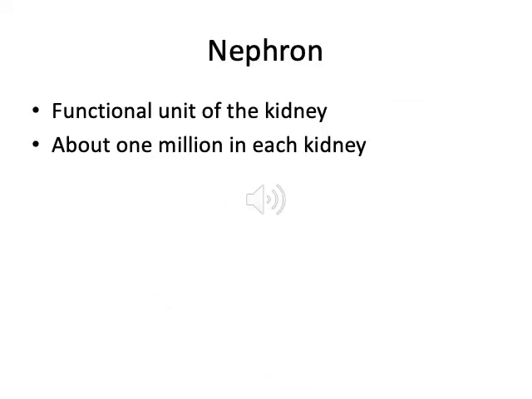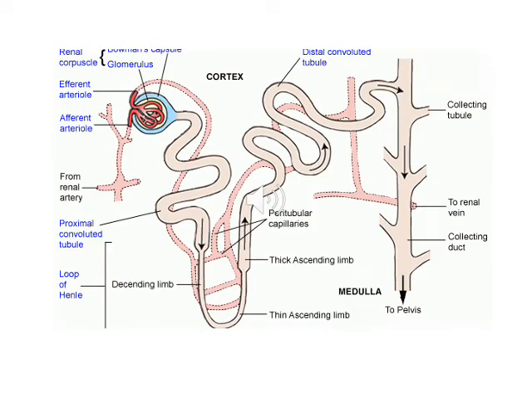The functional and structural unit of the kidney is the nephron. There are about 1 million nephrons in each kidney. A nephron is the basic structural and functional unit of the kidney. It is a microscopic structure composed of a renal corpuscle and a renal tubule.